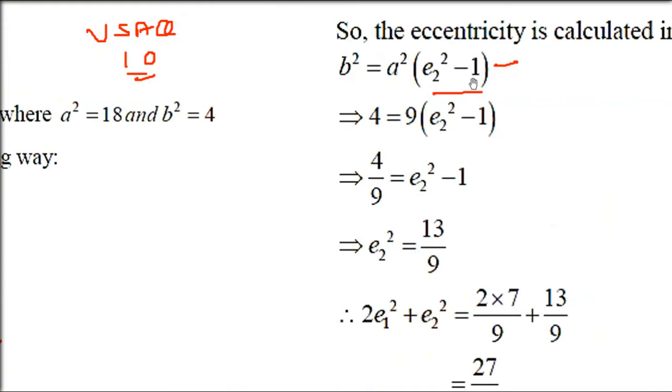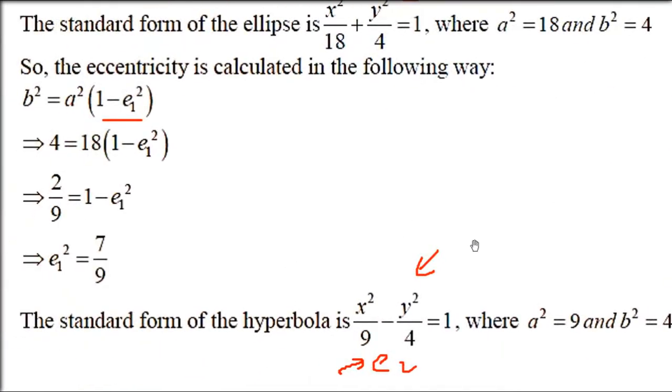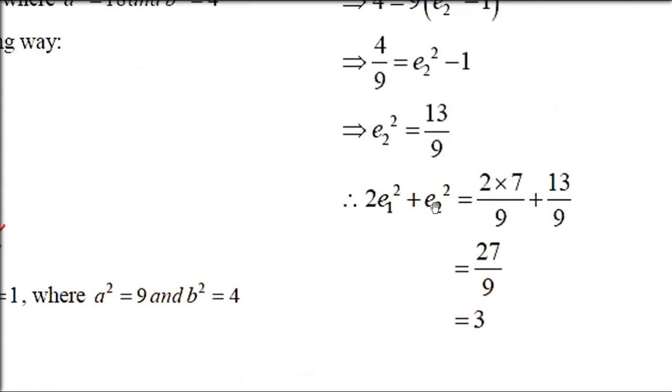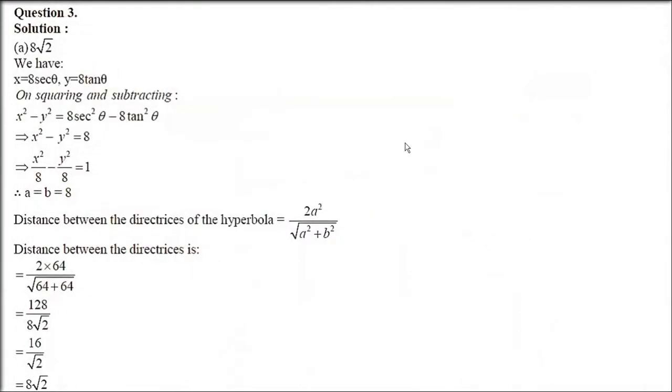The formula changes: b square equals a square, e square minus 1. When you put the values of e1 square and e2 square in 2e1 square plus 2e2 square, you are going to get 3. So the answer will be C.